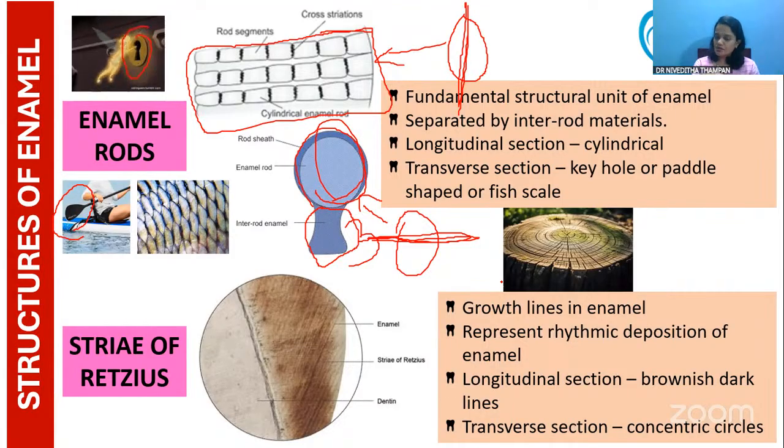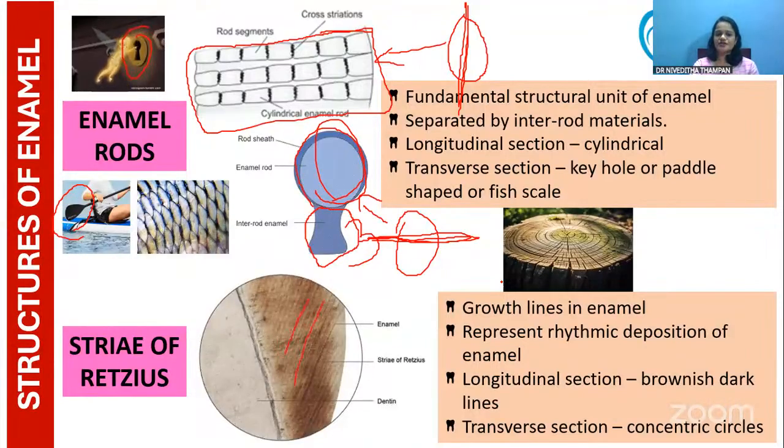Then they will again deposit for some time, they will again take rest. Again deposition, resting period. Okay, so this will result in something like a rhythmic deposition. Almost all the hard tissues in our body develop in this rhythmic deposition. Okay, so this rhythmic deposition will result in formation of lines like this.